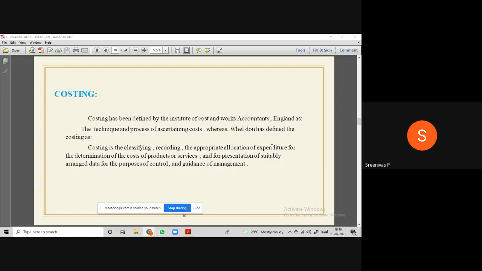Costing is classifying, recording, and the appropriate allocation of expenditure for the determination of the cost of products or services, and for presentation of suitably arranged data for the purposes of control and guidance of management. Here costing is the determination of the actual cost of an article after adding the different expenses incurred in various departments.